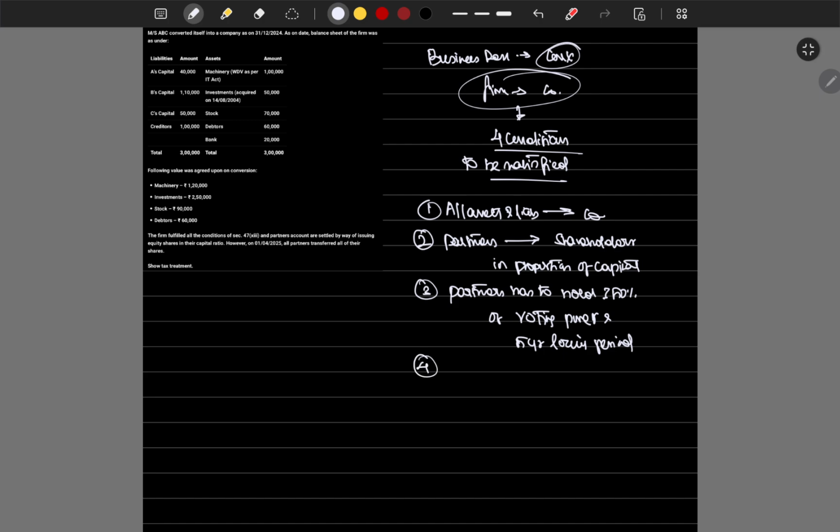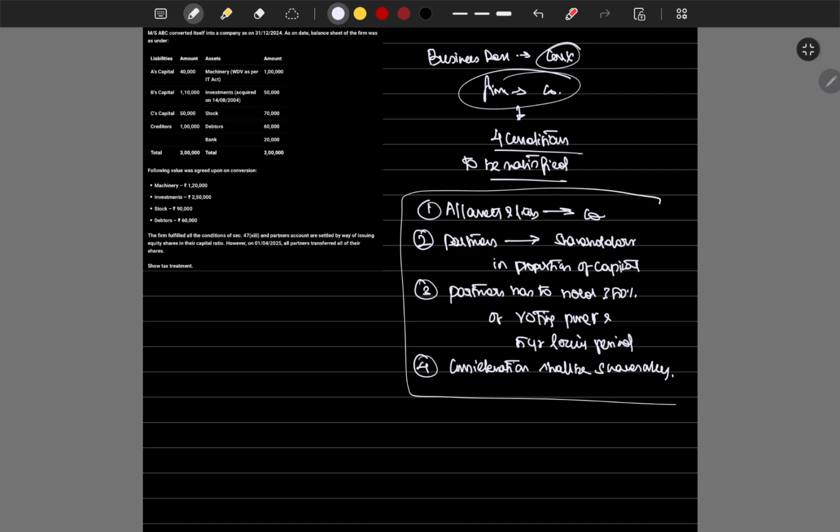And the last one is that the consideration should not be money or anything else, it shall be shares only. So these are the conditions.